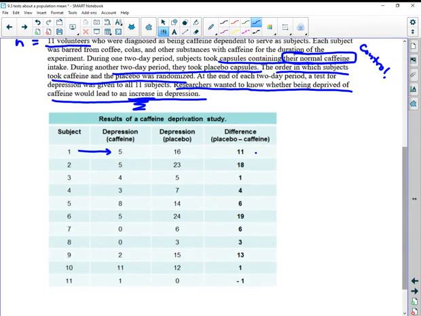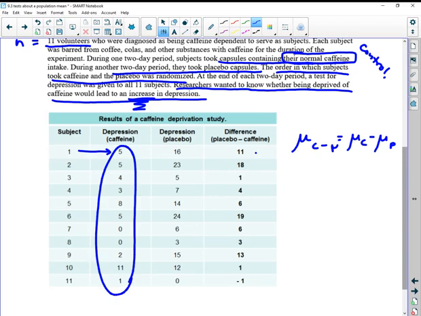Now, when you're doing this, you don't want to be thinking of it as the mean. You don't want it to be caffeine minus placebo. You don't want to be taking the mean of the caffeine minus the mean of the placebo, because that would be all this variation for taking caffeine depression, all this variation for placebo depression, and then you would have all this variation that you wouldn't be able to distinguish between the individuals.